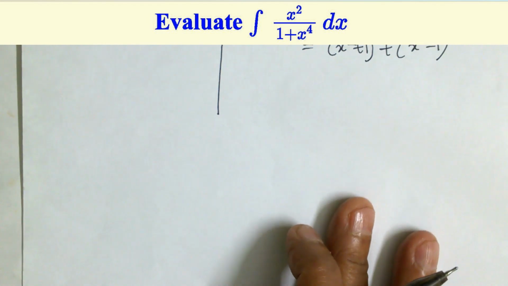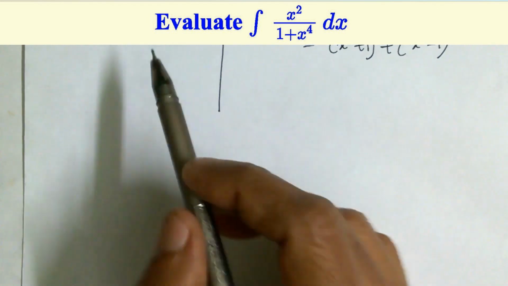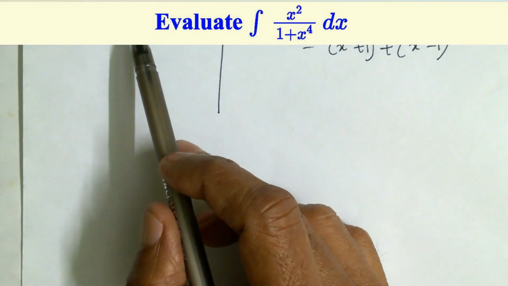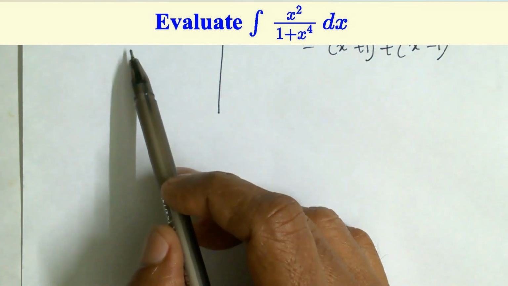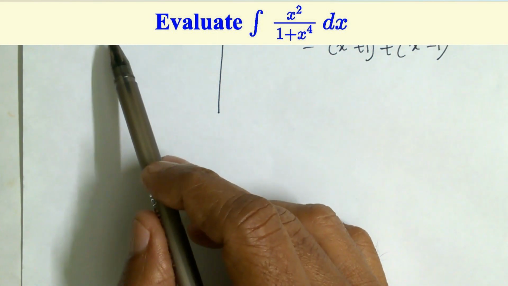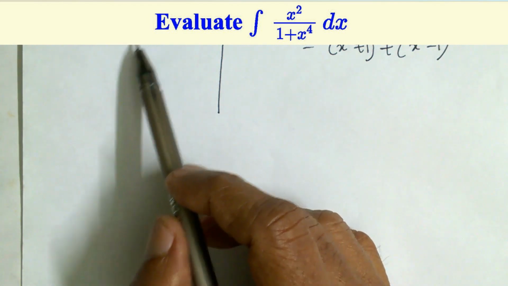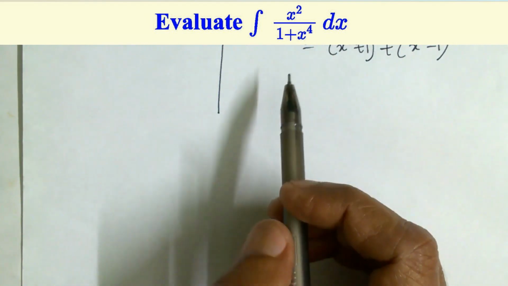See what we have done. Actually, we will try to express the numerator such that it is the derivative of the denominator. Simply, if we think, the derivative of 1 plus x to the power 4 is 3x cube, so here we are unable to bring x cube.